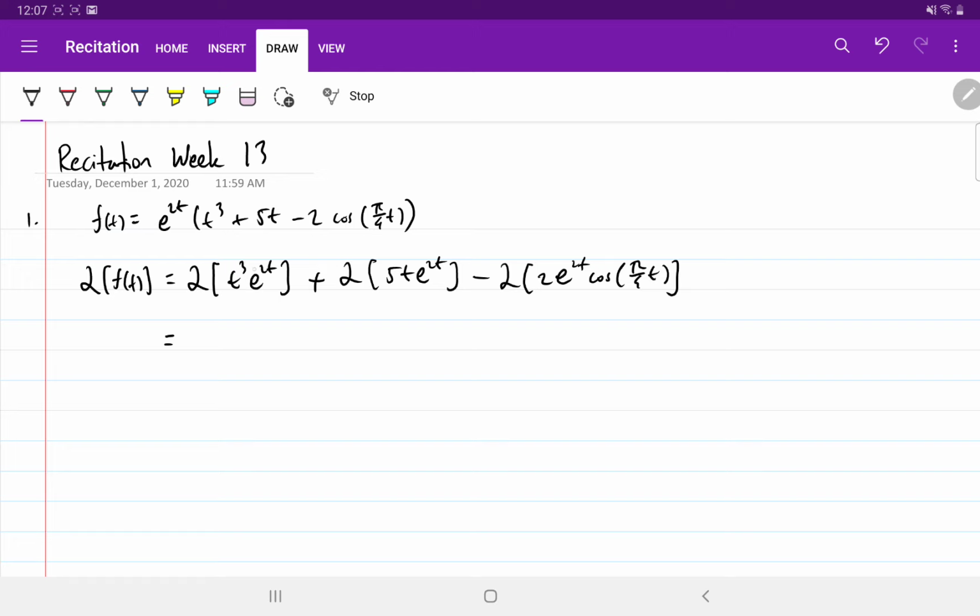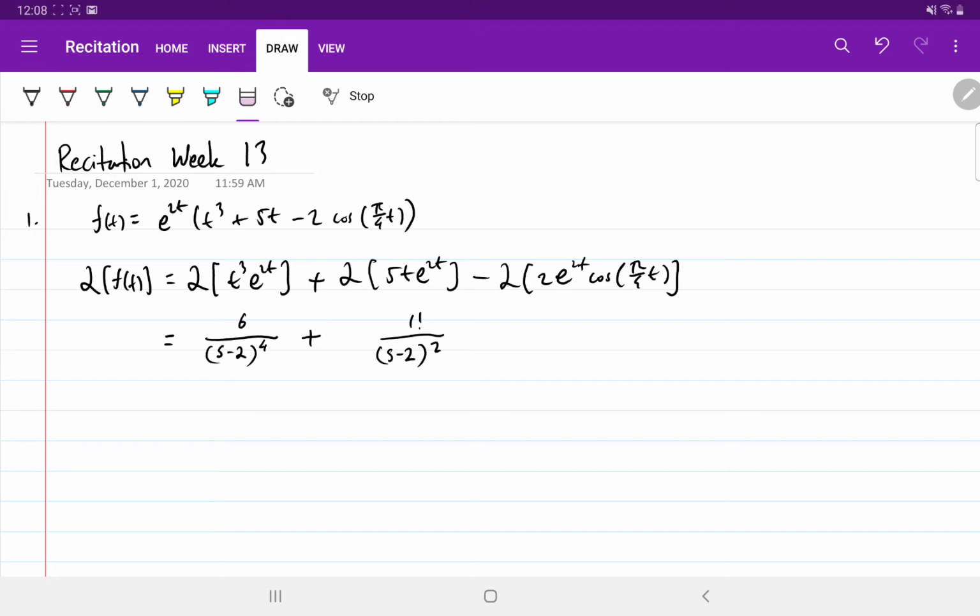So for this term right here, we have 3 factorial over s minus 2 in parentheses and take it to the power of 4, because 3 plus 1, and 3 factorial is 6. Here we have 5 times 1 factorial over s minus 2 power 2.